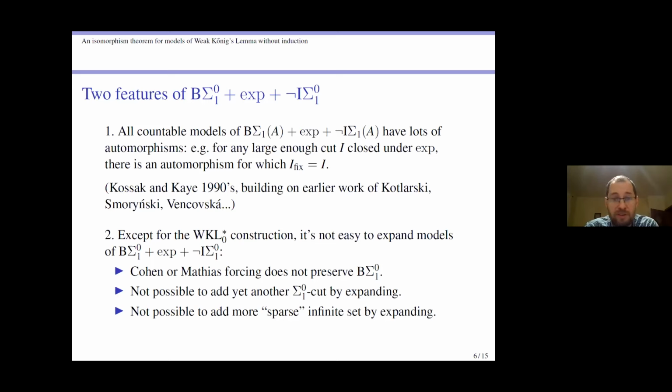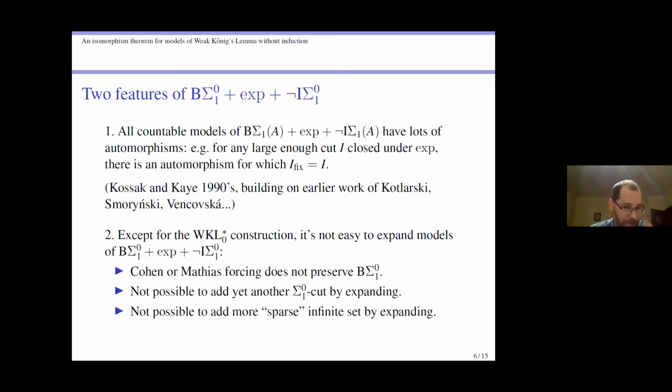They're very non-rigid in this way, as opposed to some models of sigma 1 induction, right? For instance, the sigma 2 pointwise definable model. So many models of sigma 1 induction and not sigma 2 collection can be kind of rigid. These are not. But it turns out that they're rigid in a different sense. They're hard to expand.